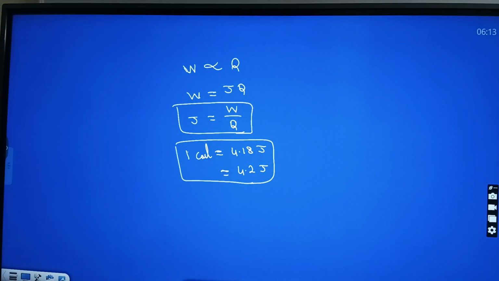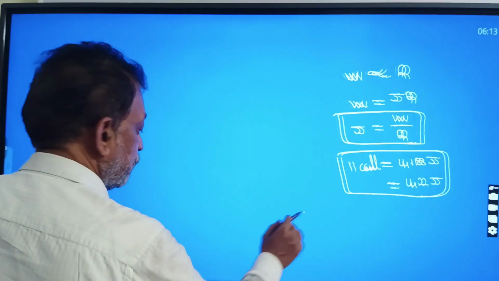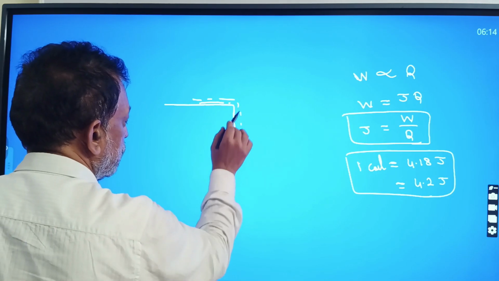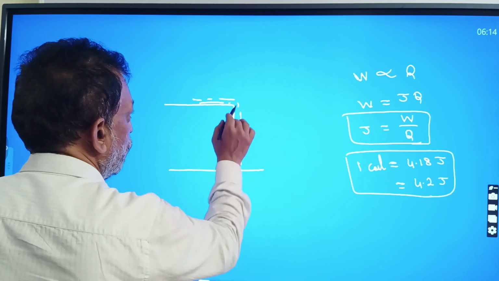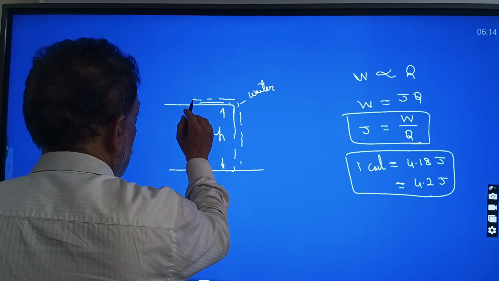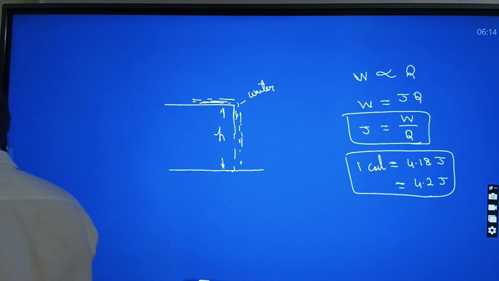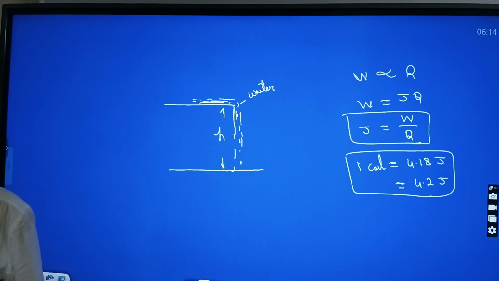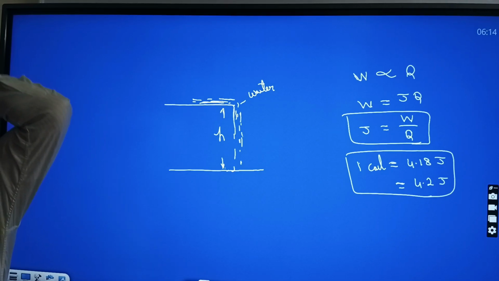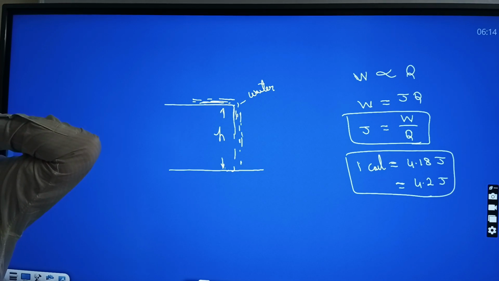When water in a stream falls from height h, small h, the potential energy PE is converted into heat, and the temperature of water rises slightly.